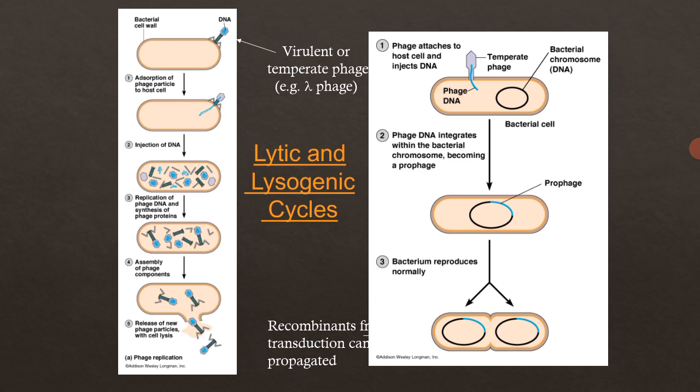Now after its synthesis, what will it do? It will produce the assembly by getting together its own body parts and producing a new virus structure, the progeny of that virus.